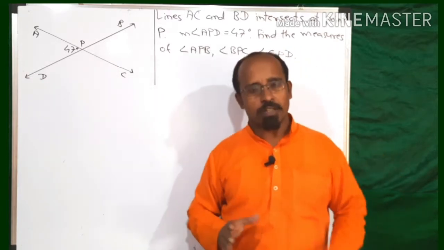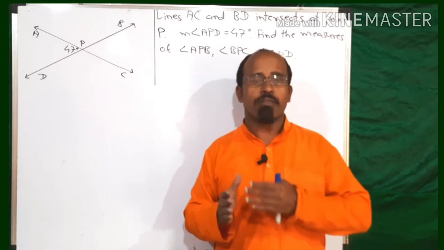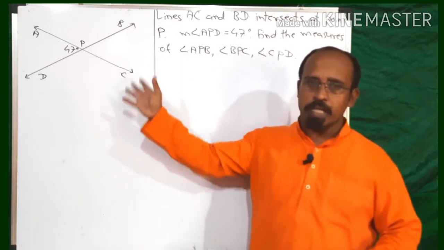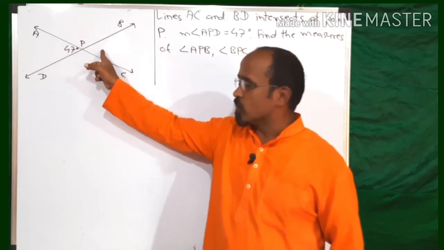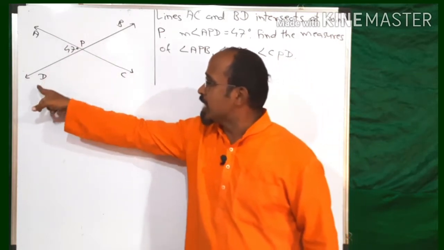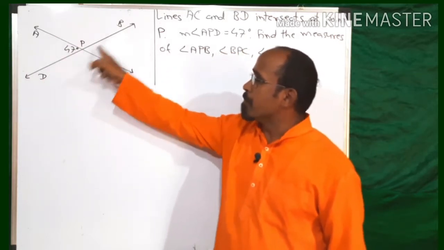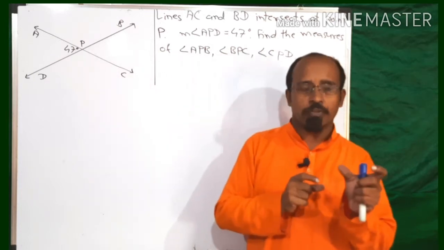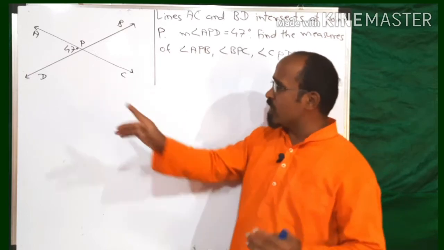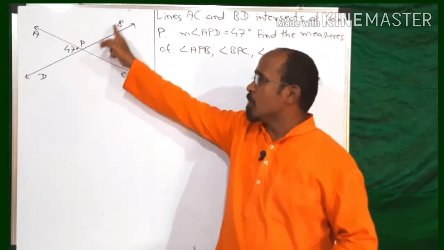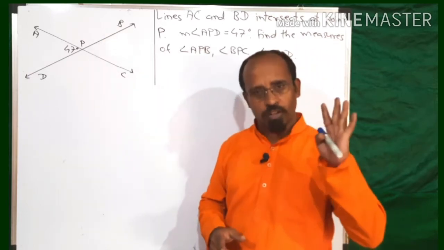In such figures we have to see which property to use. This 47 and this 47, APD and BPC, are vertically opposite angles and they are congruent, right? So directly we can say the measure of angle BPC is equal to 47 degrees.